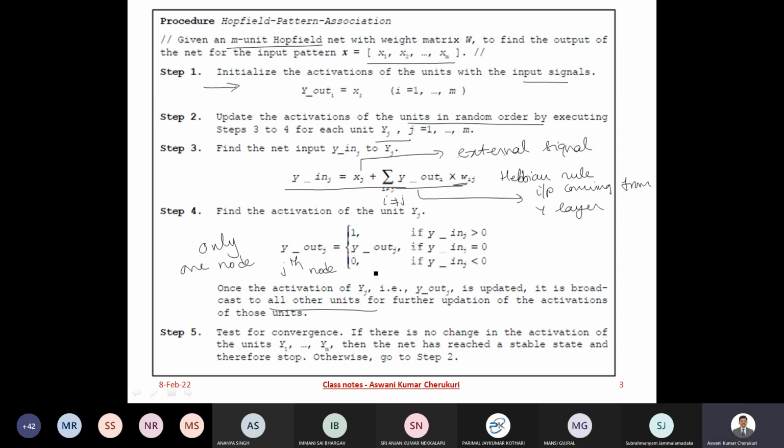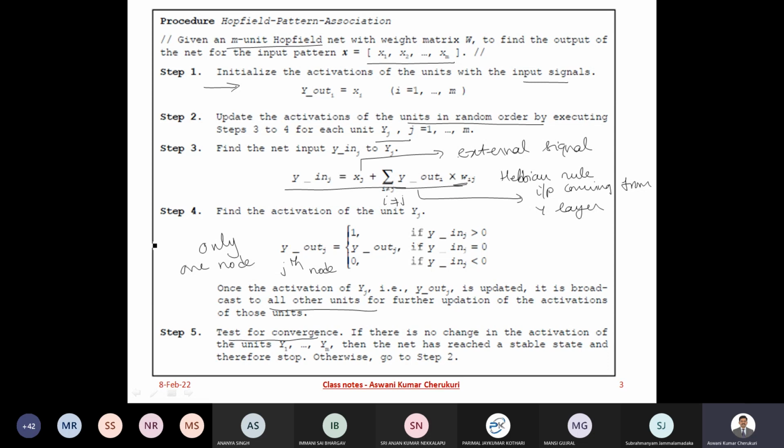Then we look for whether there is any convergence. If there is no convergence, we go for the updation. Remember which unit we are going to update? Leaving the jth node, you may pick one of the remaining nodes in the network and go for the verification process.